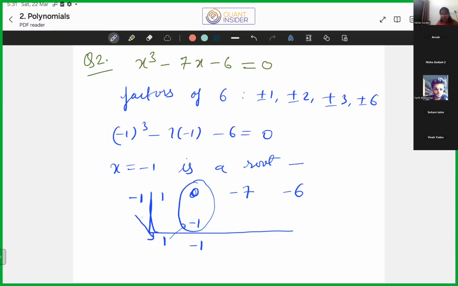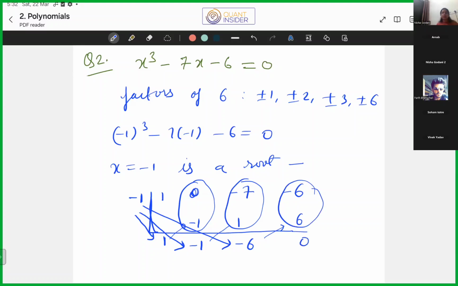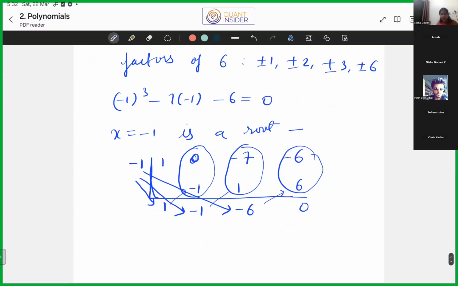Again minus 1 and minus 1 are multiplied, so this gives 1. Now minus 7 and 1 are added, so it is equal to minus 6. Now minus 1 and minus 6 are multiplied, so it gives 6. And minus 6 and 6 are added, giving 0. So this means the root minus 1 is correct. First thing is this.